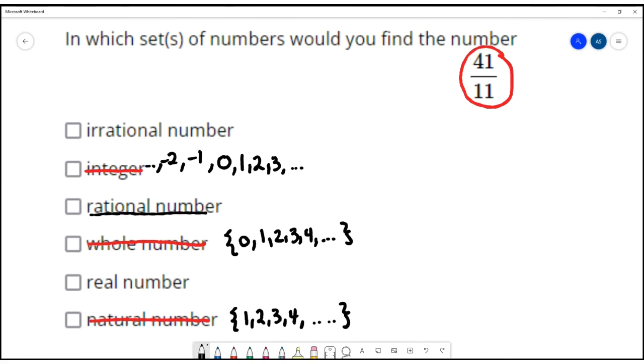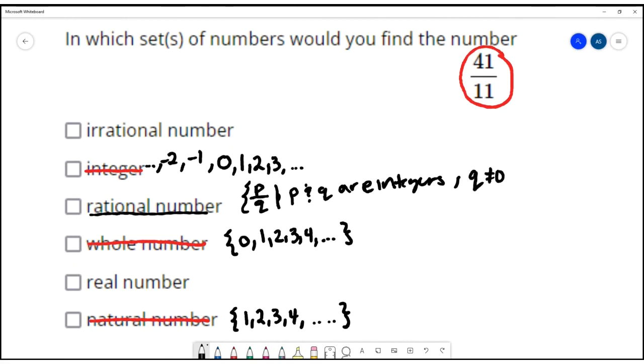The rational numbers, the definition of a rational number is P over Q. So here we're introducing the fractions. P over Q, where P and Q are integers, and Q is not 0.